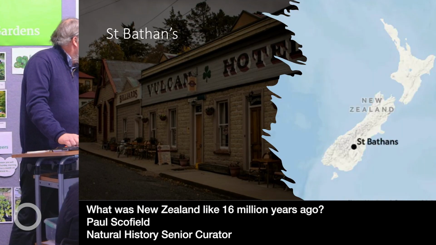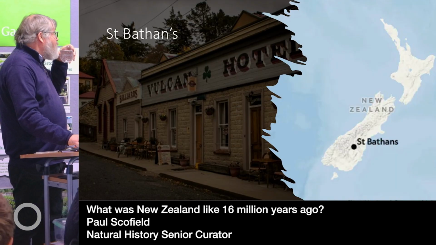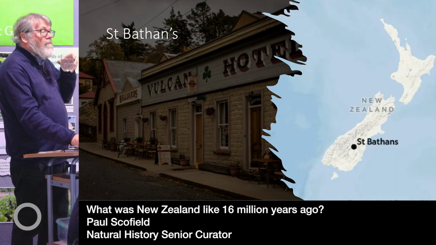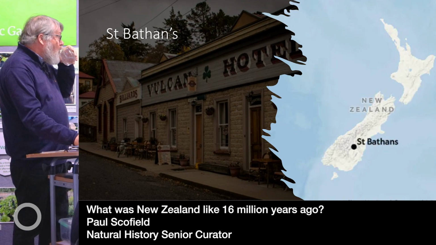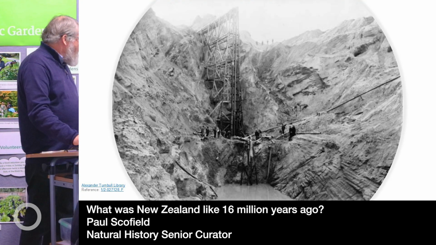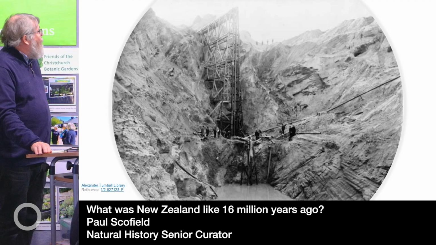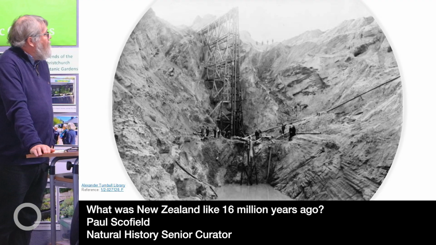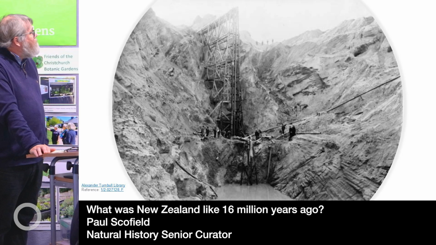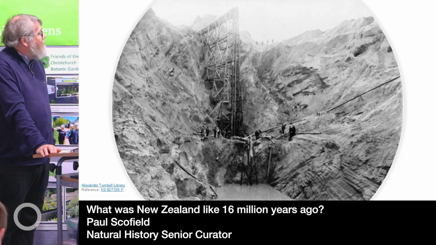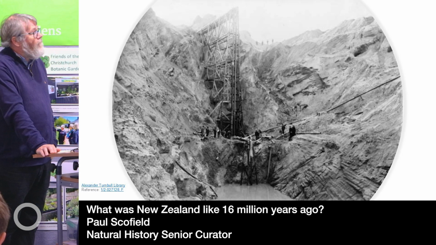St Bathans is probably most famous for the fact that it has the historic village of St Bathans. And this became established during the gold mining period. The extraction methods for the gold at St Bathans were very destructive.